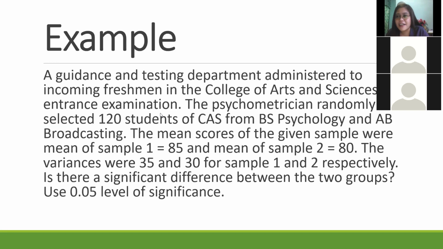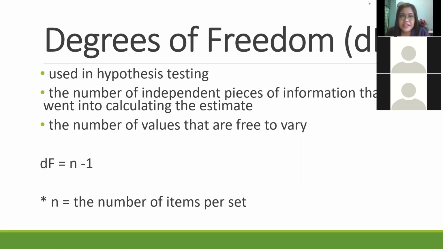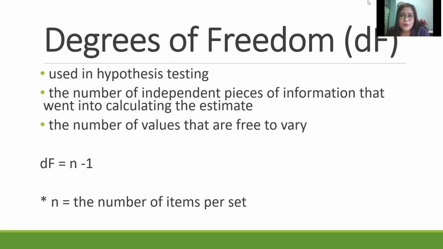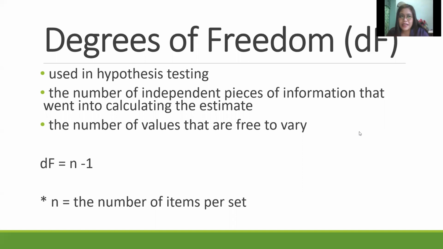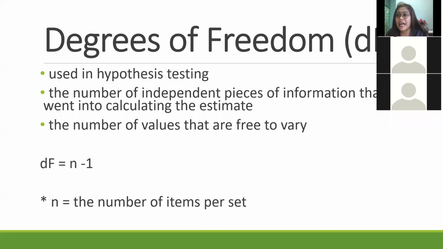So we ended here. Actually, after this slide I have not yet discussed degrees of freedom. You will see degrees of freedom mostly in statistical analysis, especially if you are doing hypothesis testing. Degrees of freedom means the number of independent pieces of information used in calculating our estimate or our critical value.